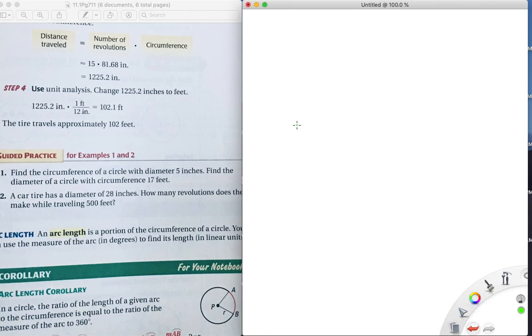We also have number 2, so let's do some definitions for number 2. First thing they do is they ask us for the distance. So I'm going to say that x is equal to distance. We're going to say that uppercase R is equal to revolution.